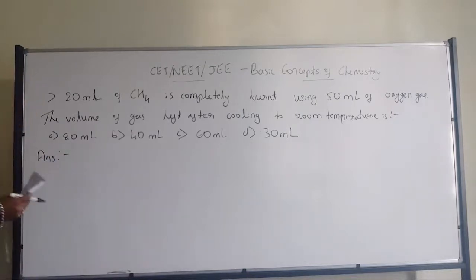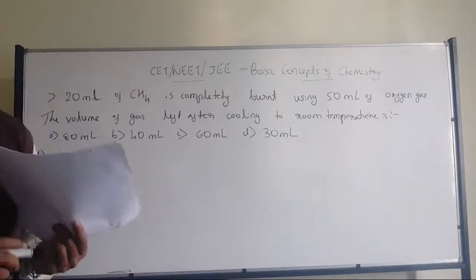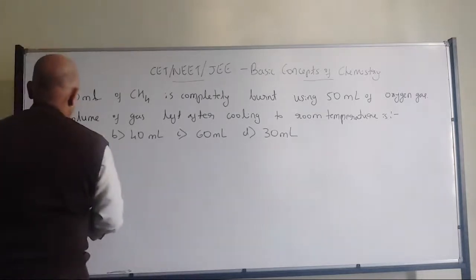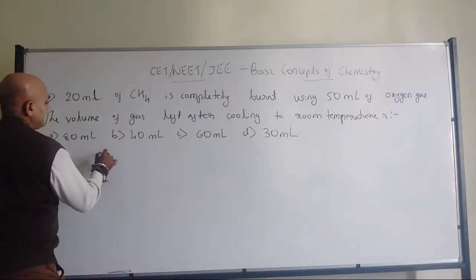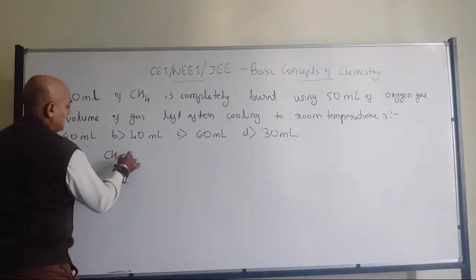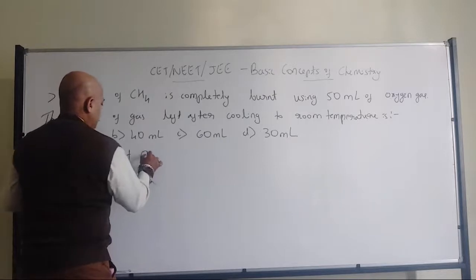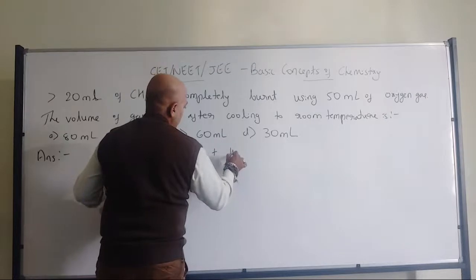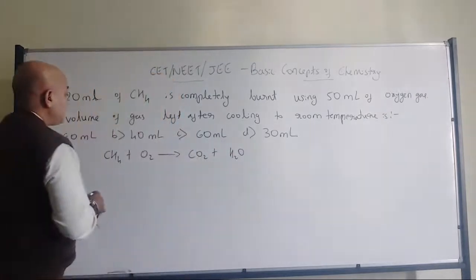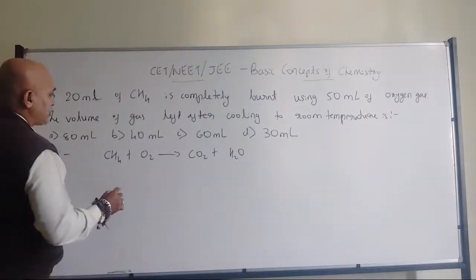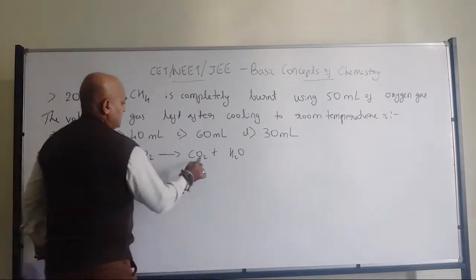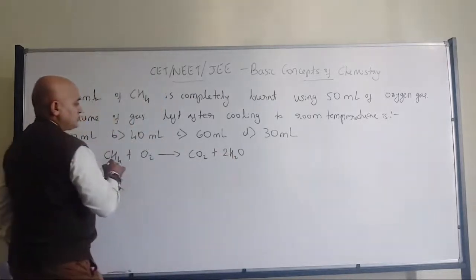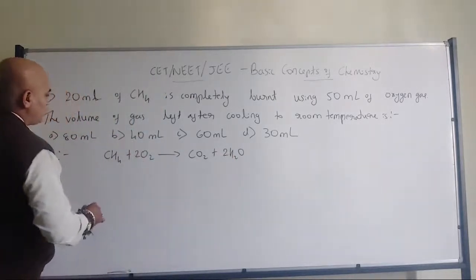Now, first thing, what do we have to do? First thing, we have to write the balanced equation. It's not compulsory, but to know the answer, we have to write methane plus oxygen gives CO2 plus water. Anyway, we have to balance the equation. Oxygen on the right is 3 and hydrogen is 4, so I will make it 2H2O, and here it is 2O2.